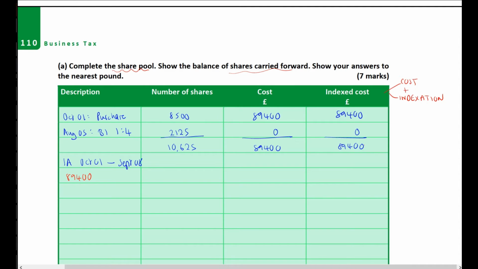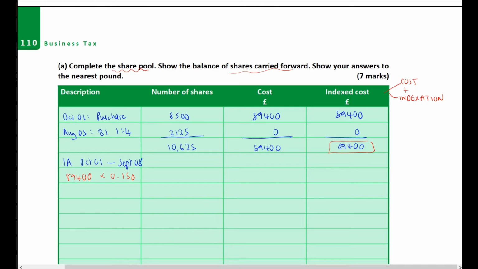And I'm going to index the indexed cost column. So whatever is in the indexed cost column is multiplied by the indexation factor. So if by some chance I picked up the wrong indexation factor from the question, but the person marking this task could see that I thought I was doing October 01 to September 08, the chances are I'm going to get a little bit more credit.